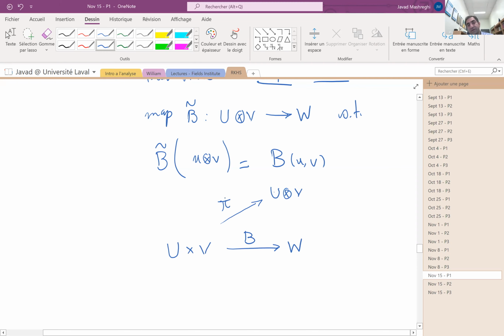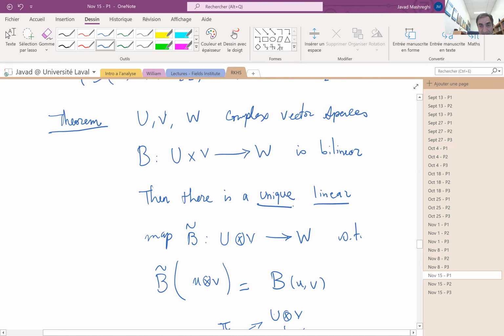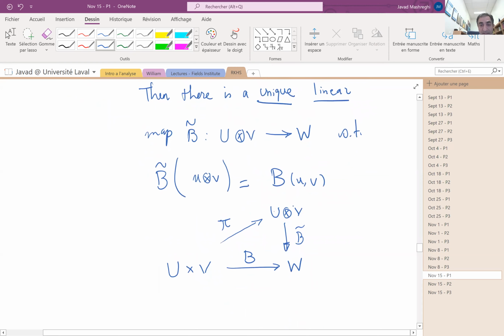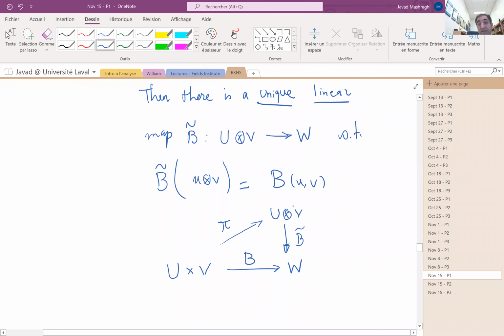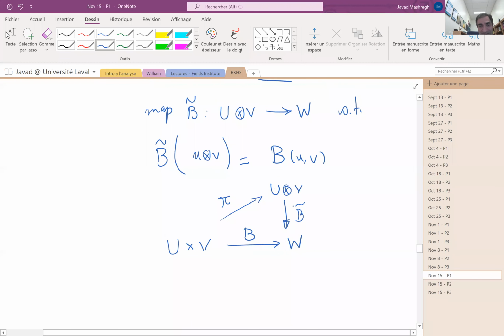We didn't give a name for this, but it maps U and V to U tensor V. And now there is a map here, B tilde, such that this diagram commutes. That's the meaning of this theorem. And it holds for any B. The emphasis is on the fact that we go from bilinear B to B tilde, which is linear. And this trip, this voyage, is unique.